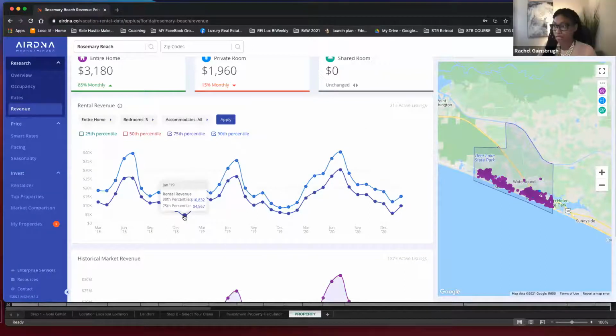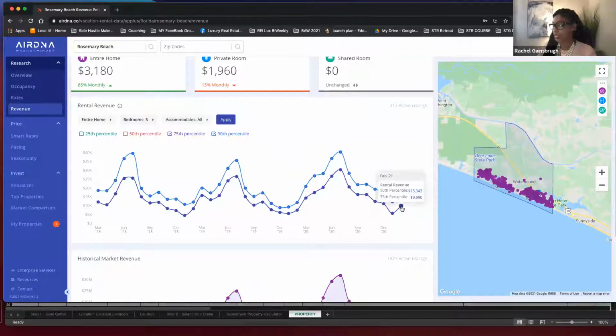Now the peak, January, again, is the trough or the lowest point. So we have 4K in January. Okay, December, 6K. January is 5K. December about 5K.